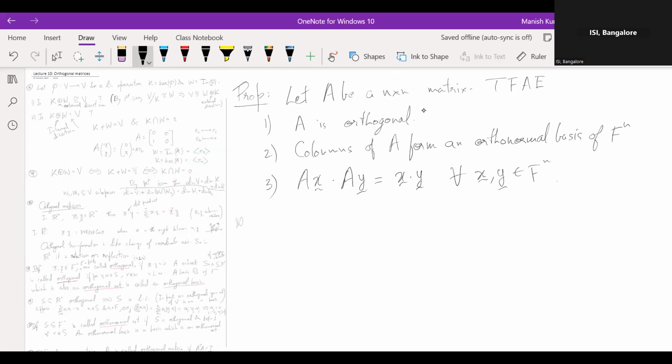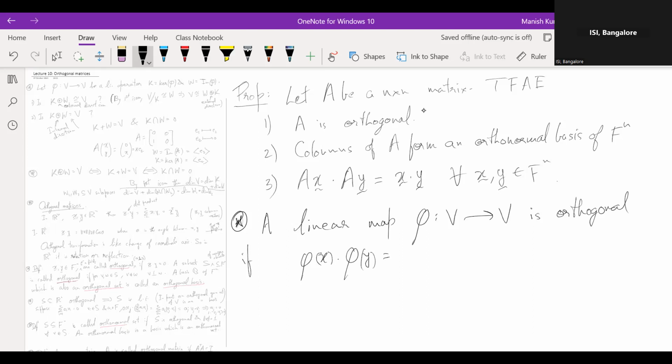A linear map phi from V to V is called orthogonal if phi x dot phi y equals x dot y for all x, y in V. So if we have proved this proposition, this would mean that the matrix of phi with respect to some basis must be an orthogonal matrix, because phi x is the same as A x with respect to that basis.